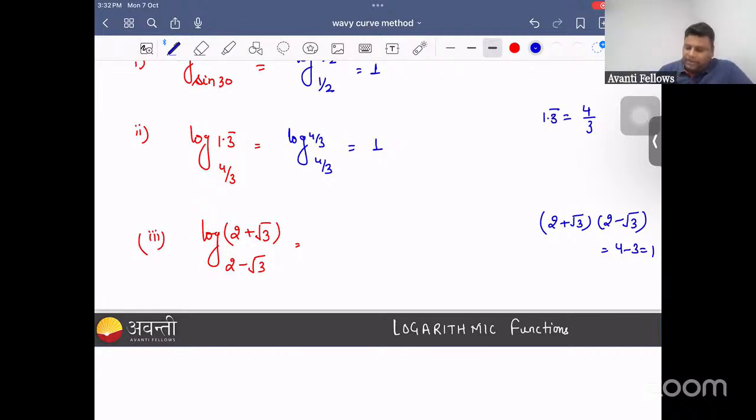And if they are reciprocal of each other, this answer will be -1. Got it? So these were small things about log.